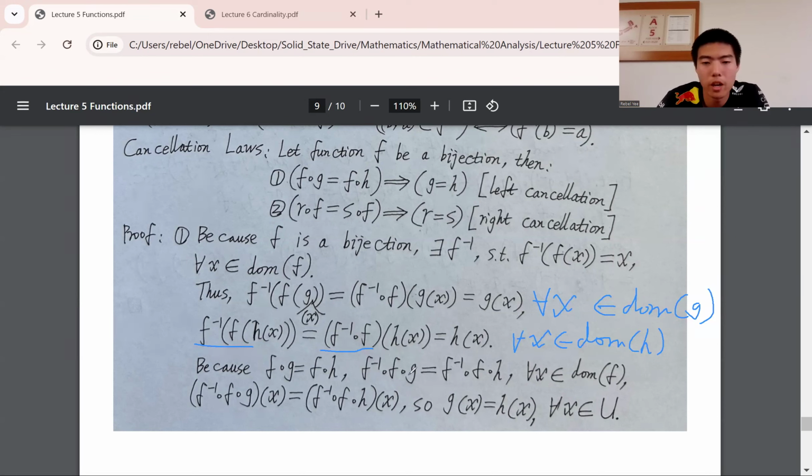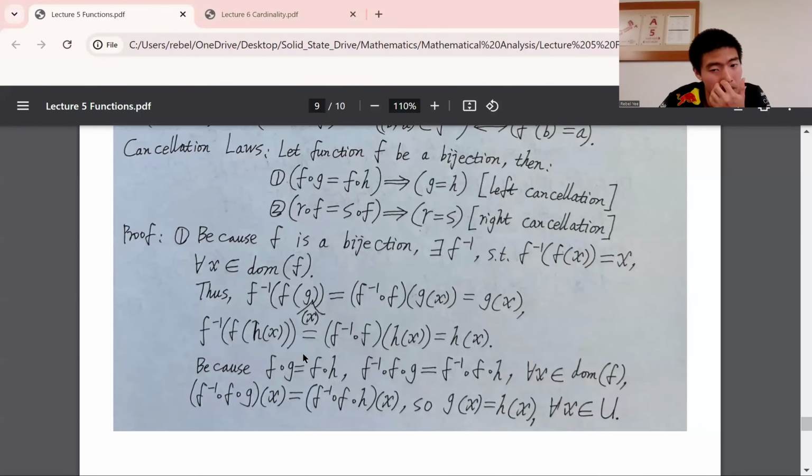For example, if the calculation of f∘g is equal to f∘h, the range is the same, right? And if you take f inverse again, it will be a certain value because the input is already fixed. So this is the theory we used here.